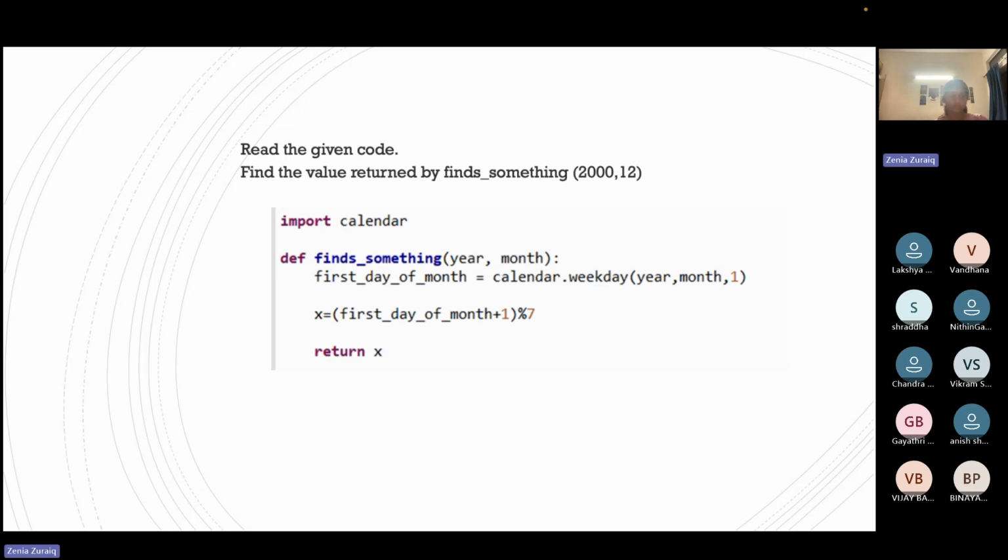I don't see any other answers. Maybe we can go to the solution. So the solution is 5.